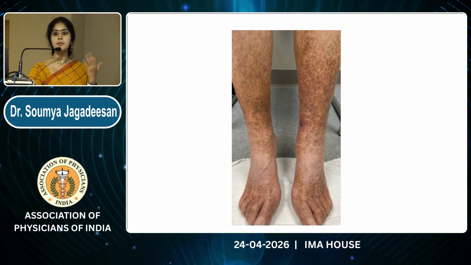So you think it's purpura, and then you might unnecessarily go for further investigations. It's a very common presentation, especially in people who stand for a long time, in teachers and others. You just need to reassure them, and probably try to see if there's venous stasis, which could worsen the process, or avoid long-term standing.